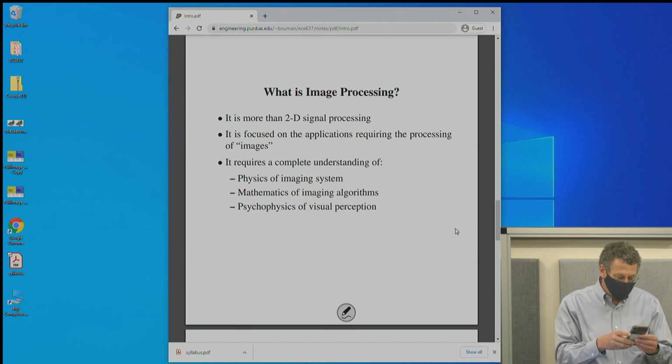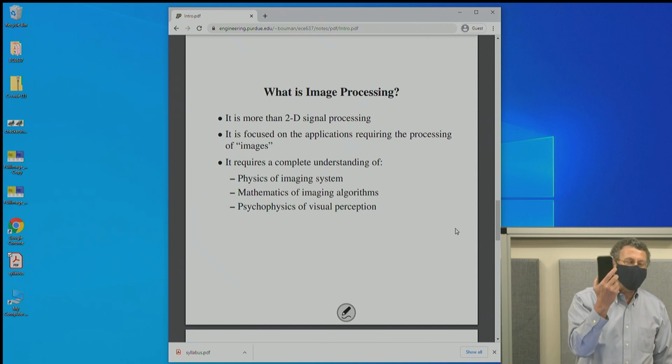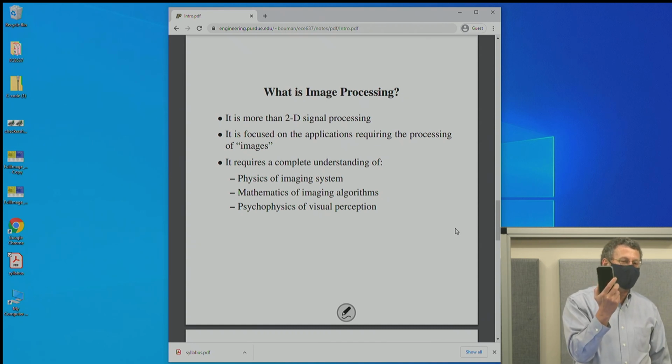Oh, as a matter of advertising, or marketing, the iPhone, you know how it has a night vision mode or a night picture mode or something like that? The person who led the team that created that took this class, okay? So there's a future for you.